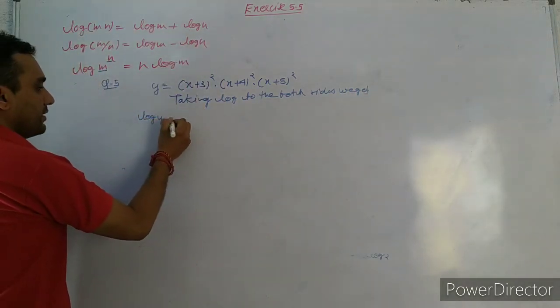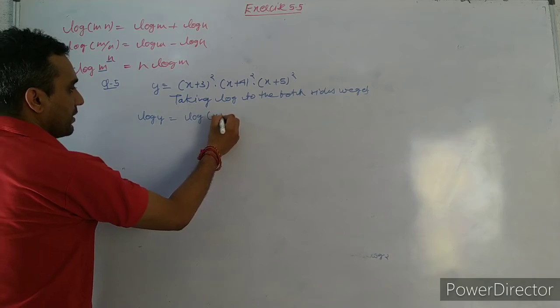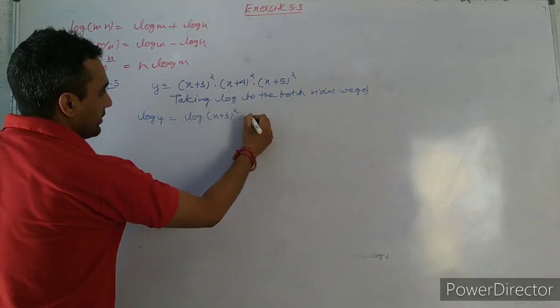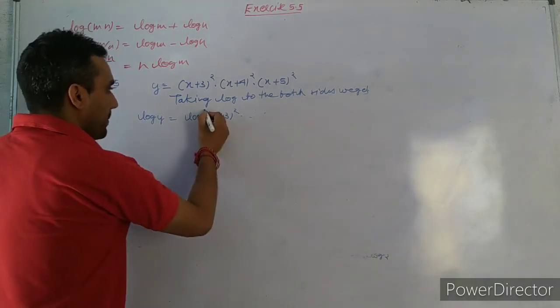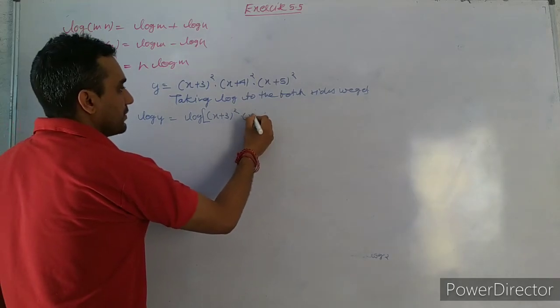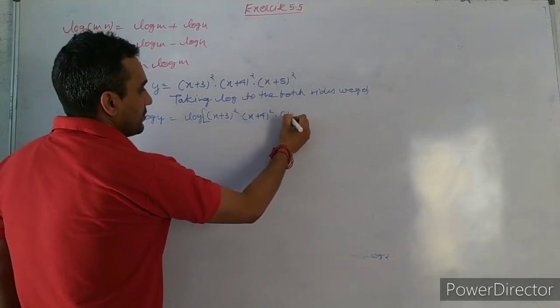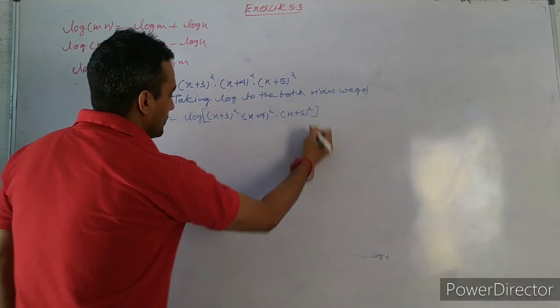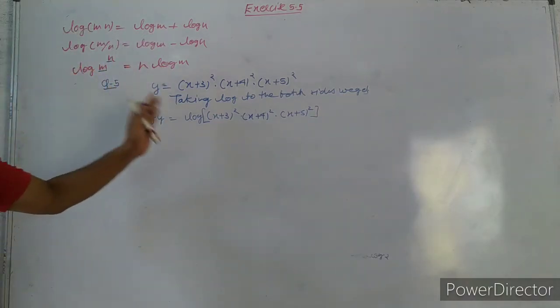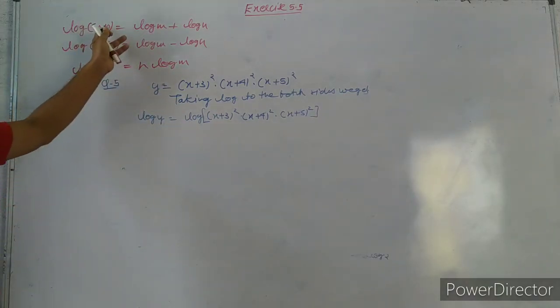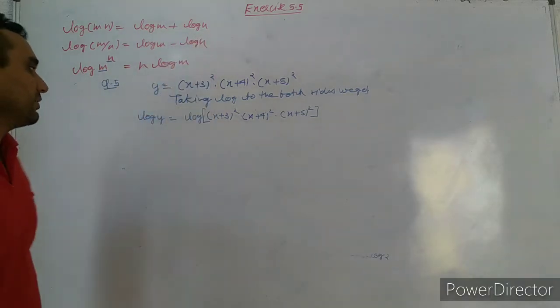Taking log on both sides, we get log y is equal to log of x plus 3's whole square, x plus 4's whole square and x plus 5's whole square, in a larger bracket. And you all know that log of m into n will be log m plus log n.